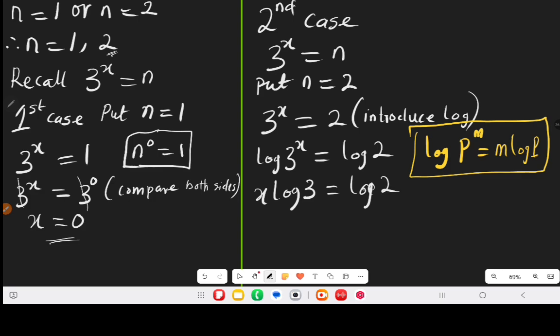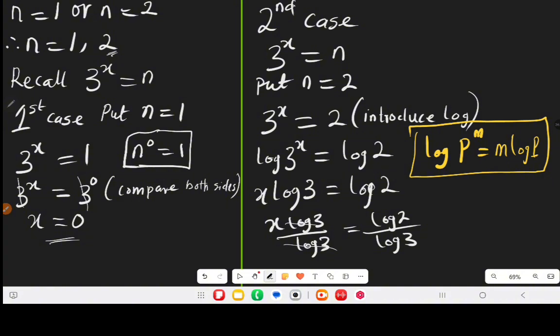Next step, since we are looking for x, we divide by the coefficient of x, and the coefficient of x is log 3. That is x log 3 all over log 3 equals log 2 all over log 3.